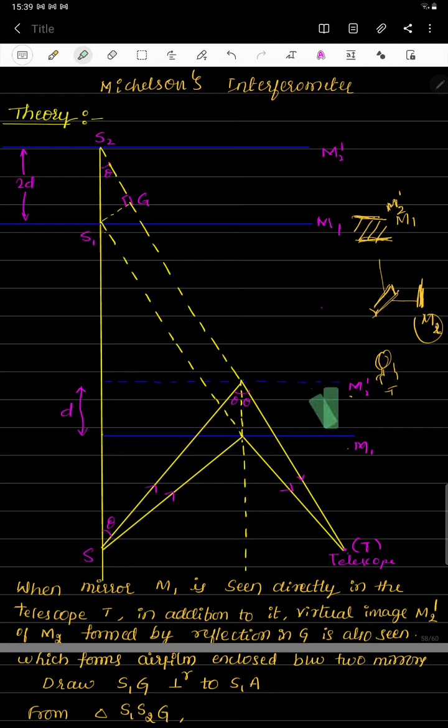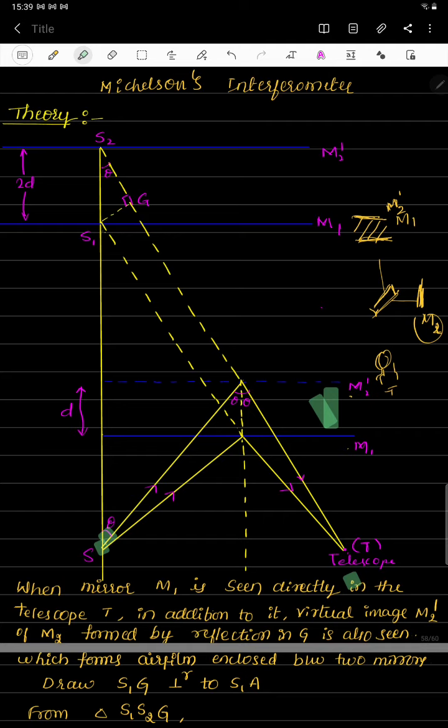Light from the extended source S hits M1 and M2 dash in this direction, and it is reflected again in this direction.